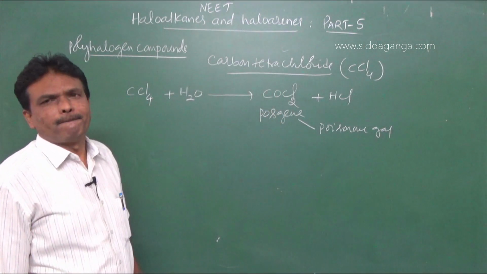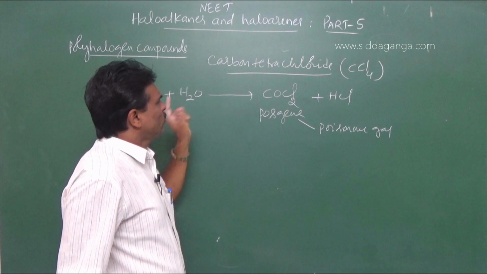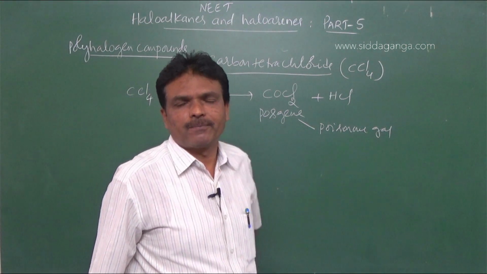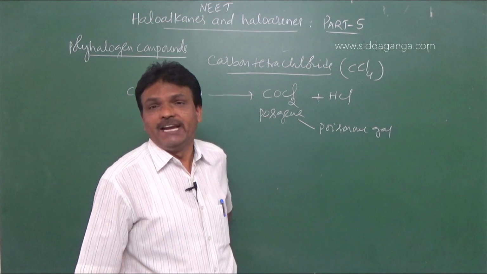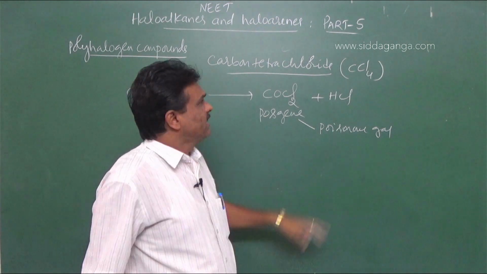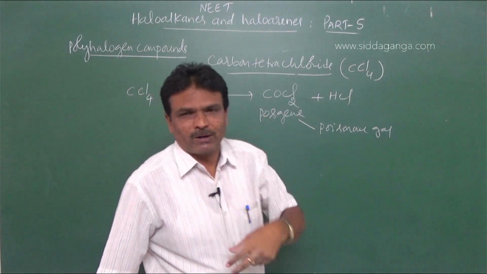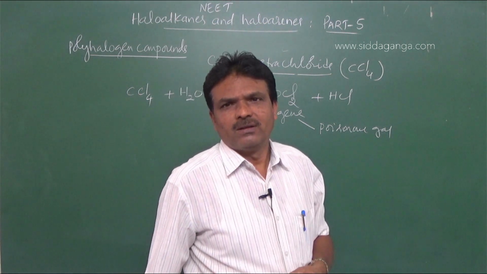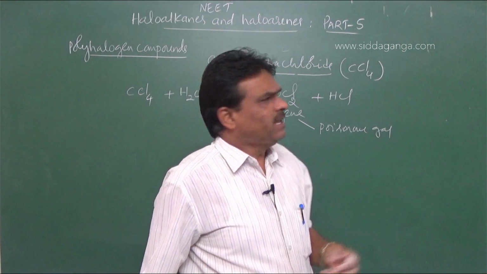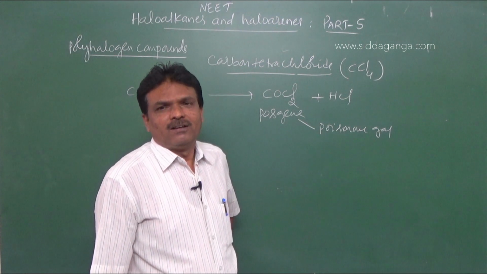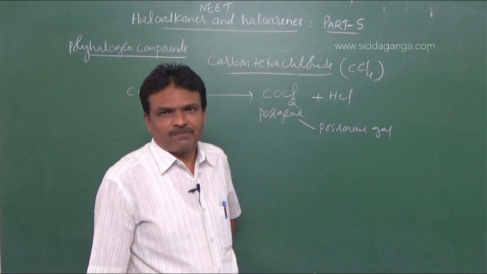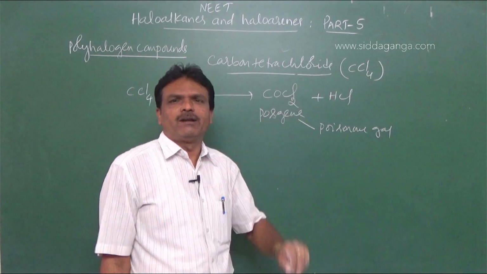Clear? Noted. Now what are the uses of carbon tetrachloride? It is used as a solvent in industries. It is used as a fire extinguisher.